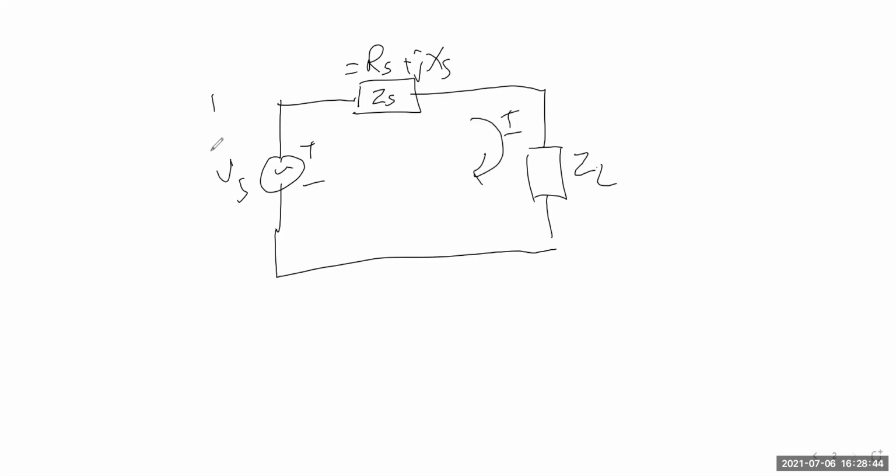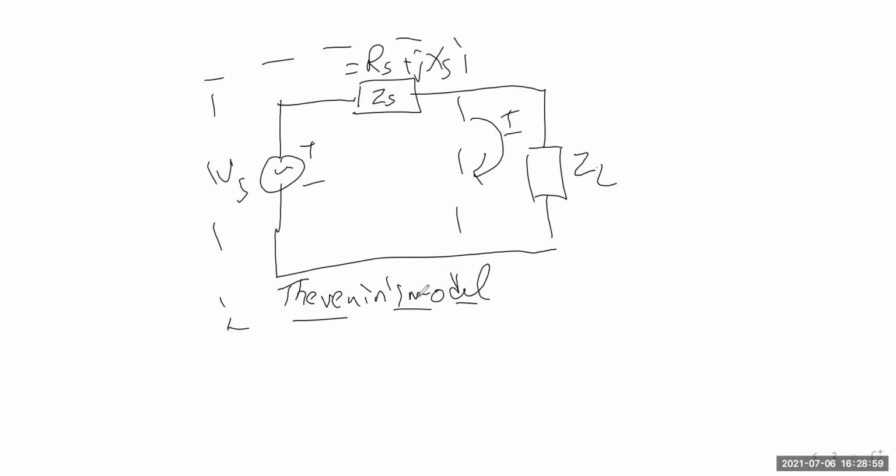So we could consider this circuit as Thevenin's model, where this Z is the variable part.